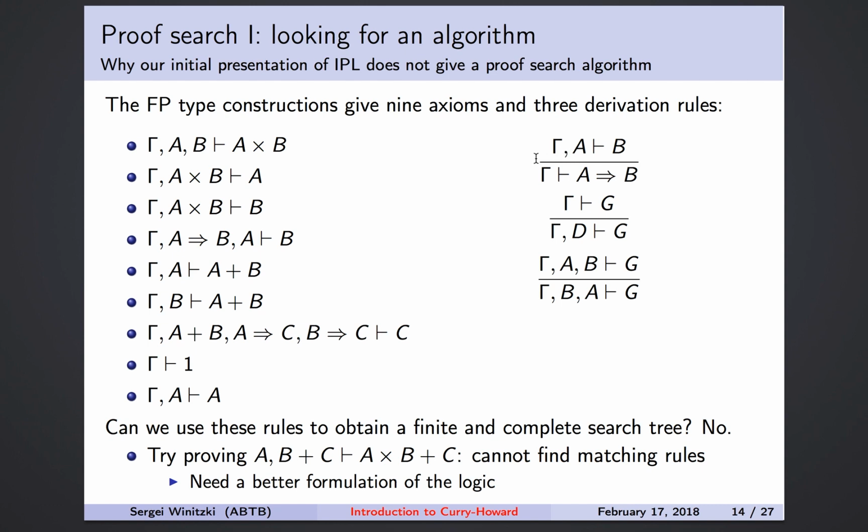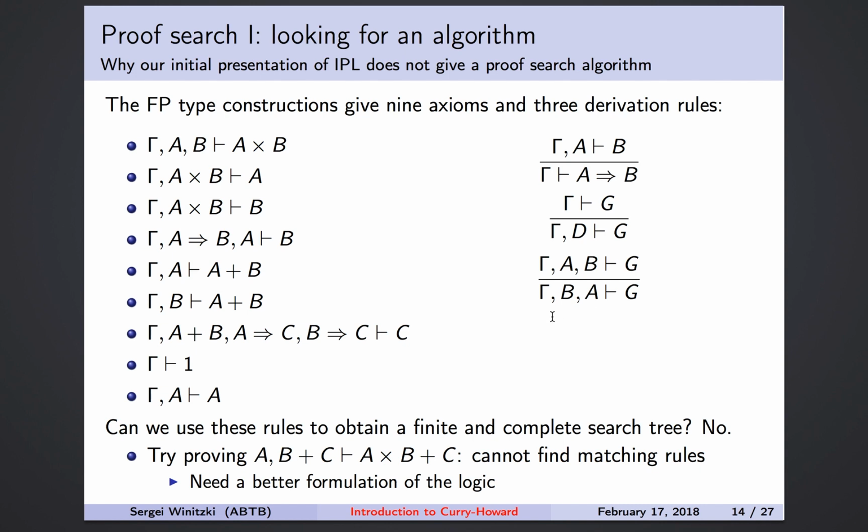Now, there's one other notation for derivation rules, which looks like a fraction, like this. The numerator is one or more sequents, and the denominator is a sequent. And this notation means, in order to derive what is in the denominator, you have to present proofs for what is in the numerator. So this is the convention in the literature. This fraction-like syntax or notation.